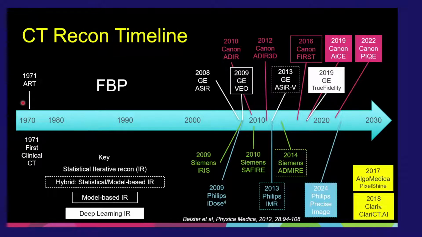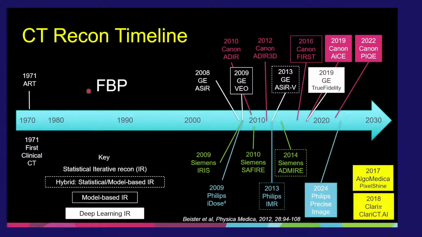ART, short for algebraic reconstruction technique, is very much like Sudoku, where you have a matrix of numbers and you try to get all the right numbers in the right location. The problem was that, as simple as ART was, computers back in the 1970s were very limited, and even these very simple initial iterative reconstruction techniques were too demanding for the computers.